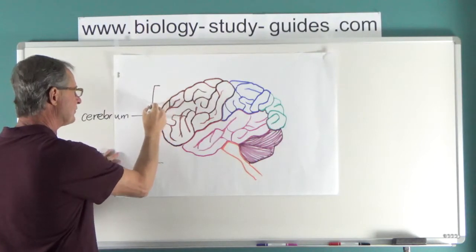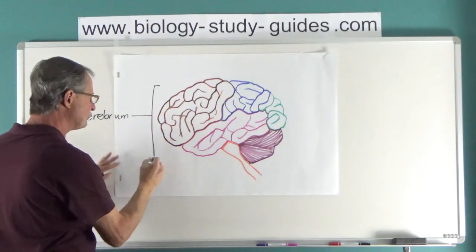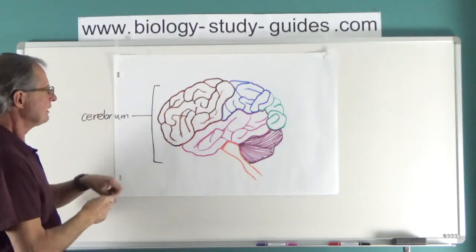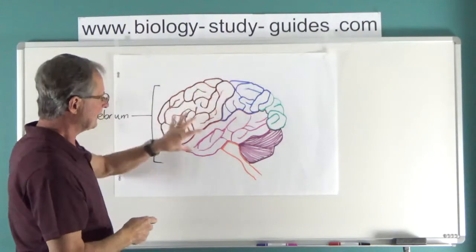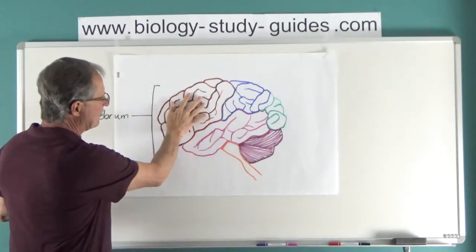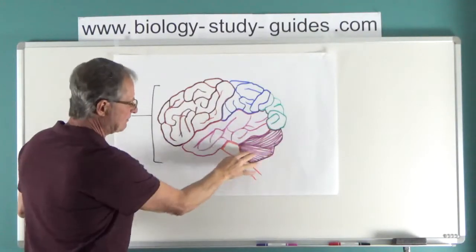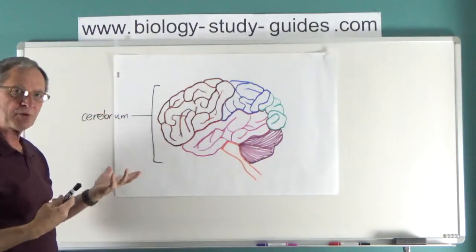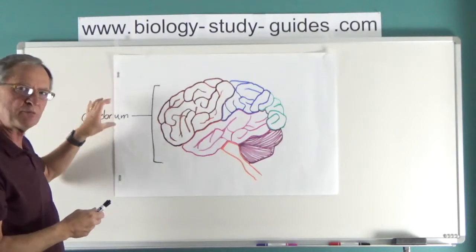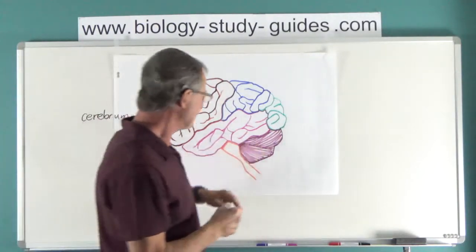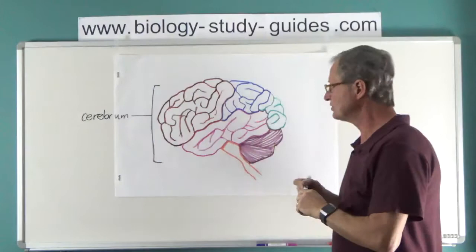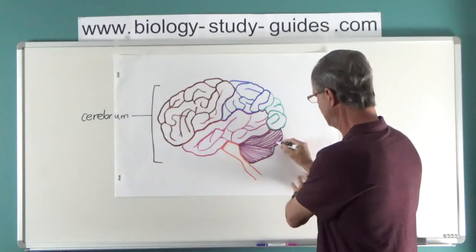Looking at the cerebrum, I've color-coded it into these lobes. You can see there's a brown area, a blue area, a green area, and a pink area. This area at the back is actually the hindbrain. So we had a forebrain, a midbrain, and a hindbrain. This is what the hindbrain develops into, and it's called the cerebellum.